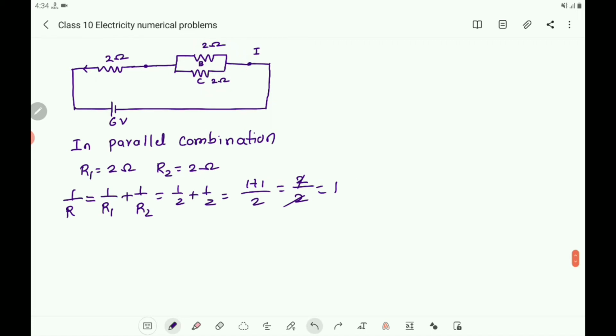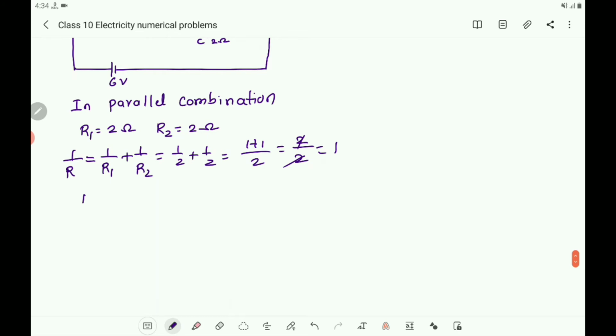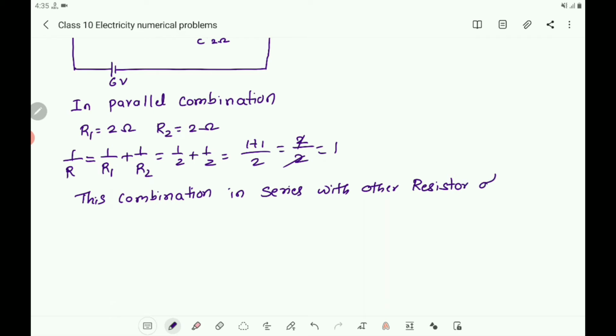And this combination is in series with the other resistor of 2 ohm.